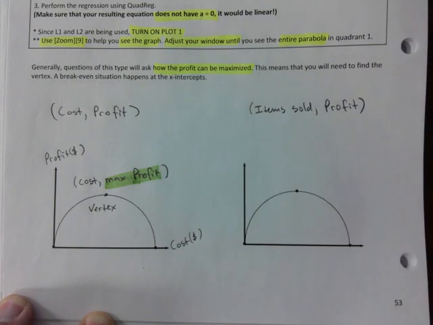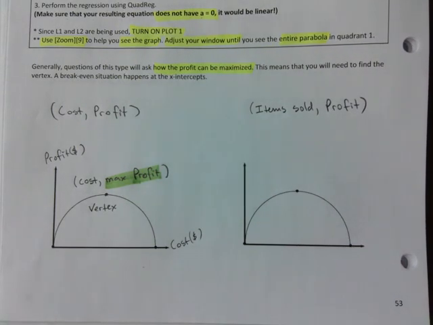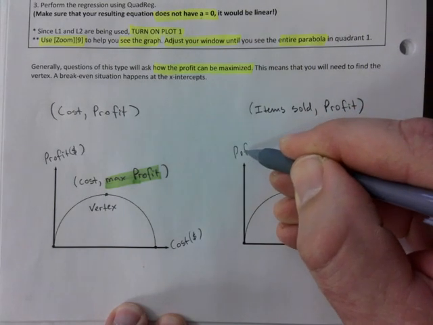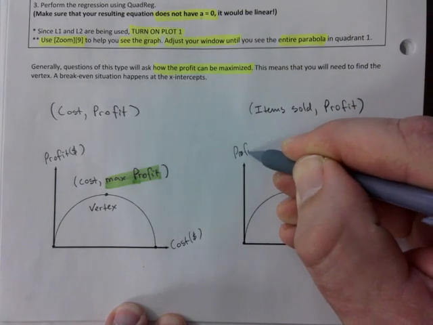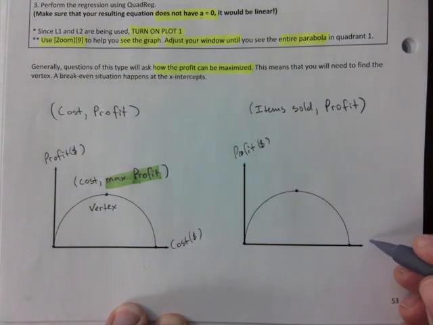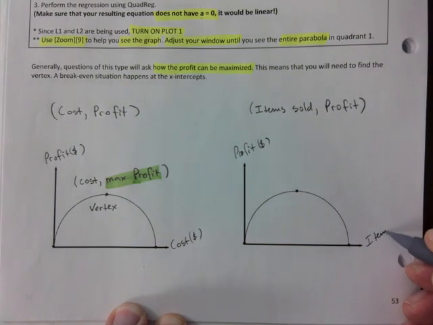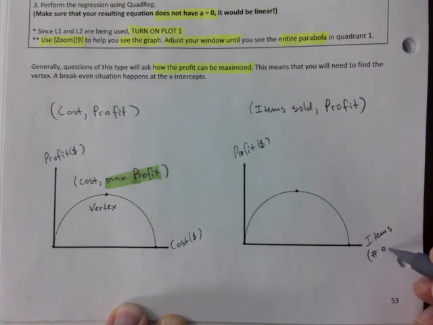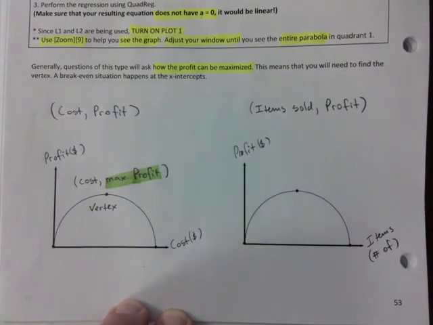Like, how are those two related? Okay. Well, profit is my Y, profit in dollars, and this would be items sold, and you would just go number of items, so whole numbers there.